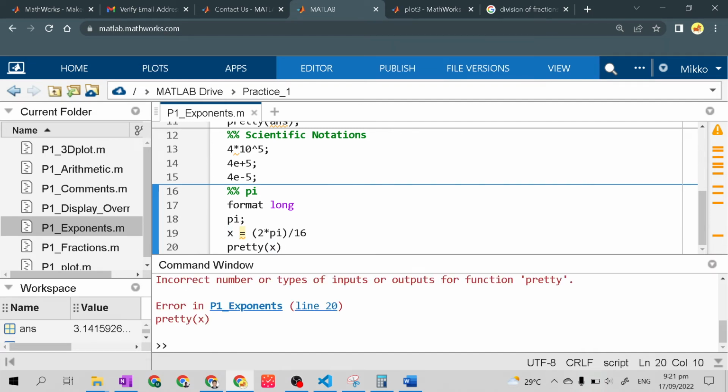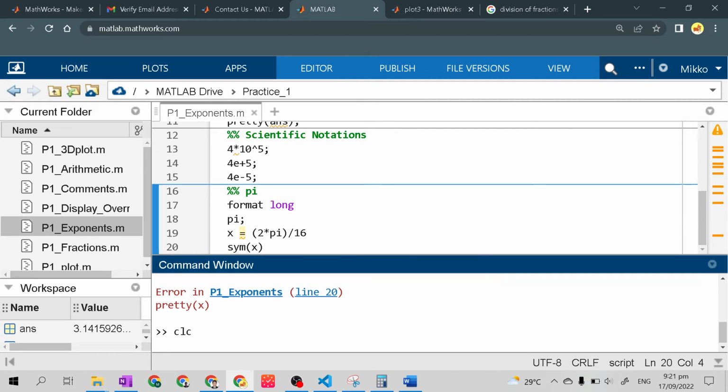It will not prettify x. Let's make a fraction.